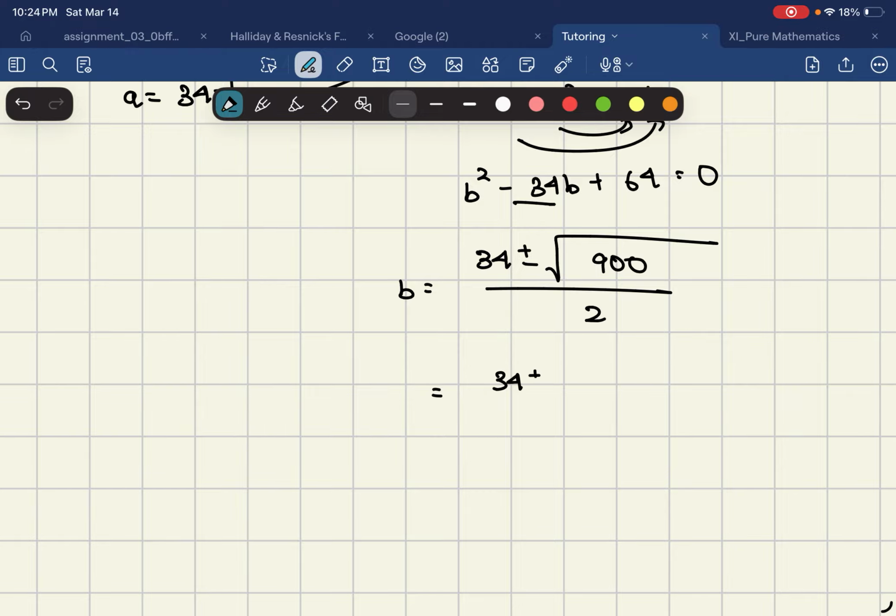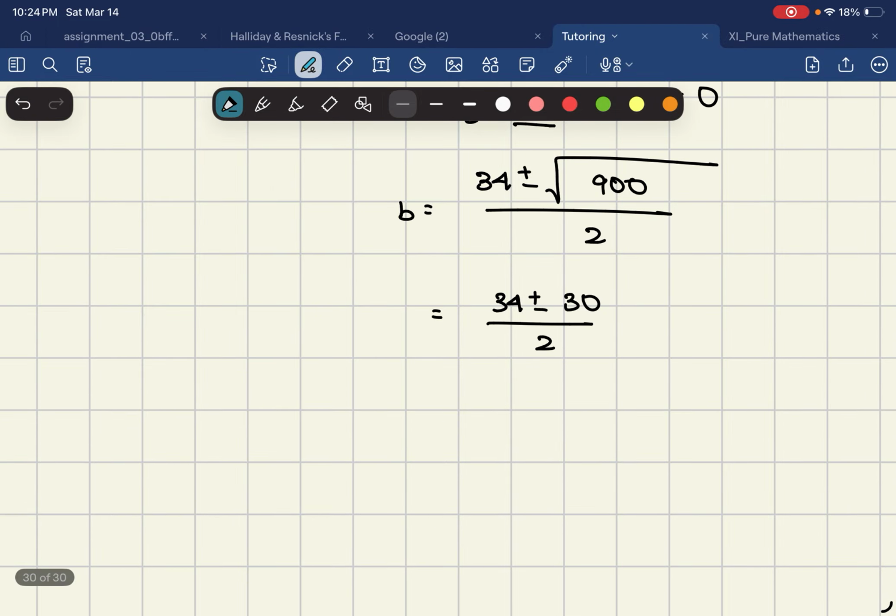So b is just 34 plus or minus the square root of 900, which is 30, divided by 2. And therefore, b is either 32 or 2.